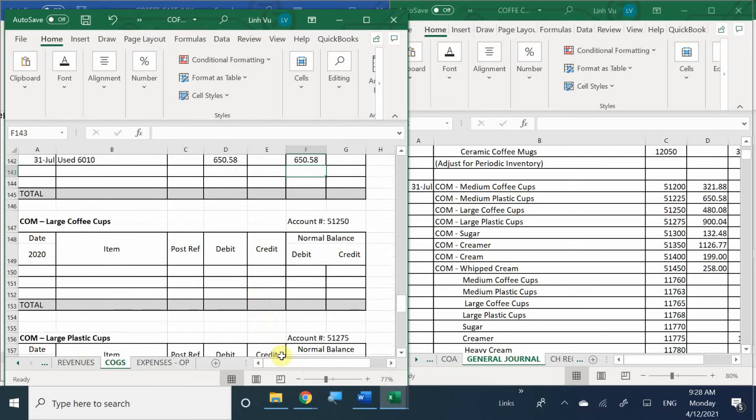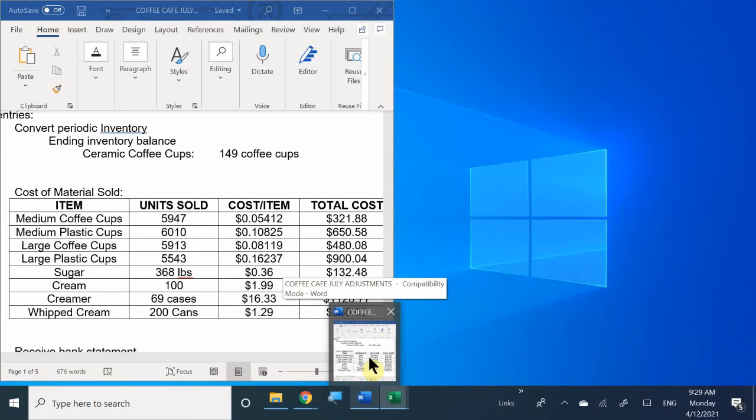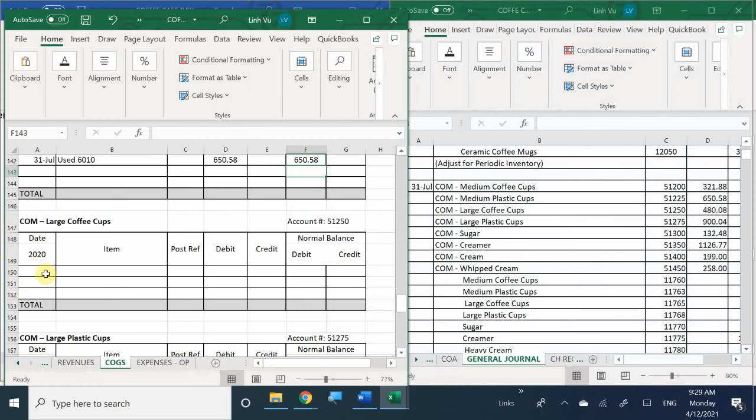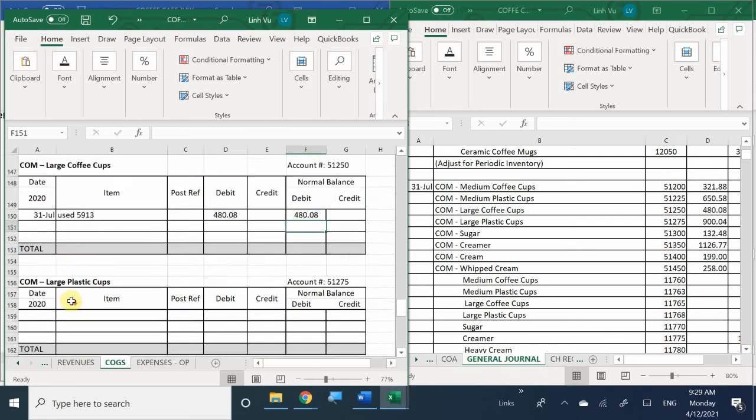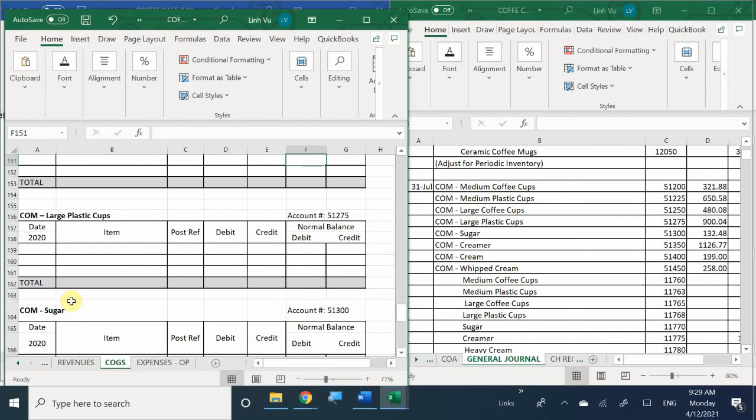How many of the large coffee cups did I use? $59.13. Which cost me a total of 480.48. Okay. What about my large plastic cups?